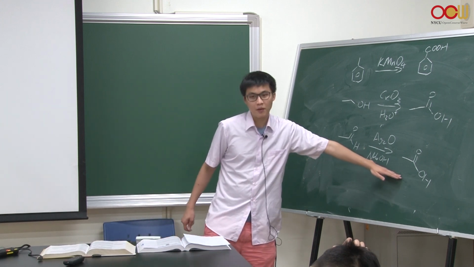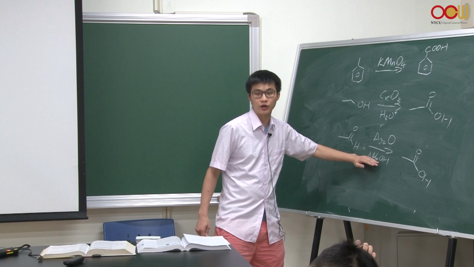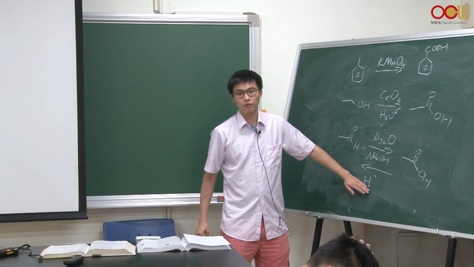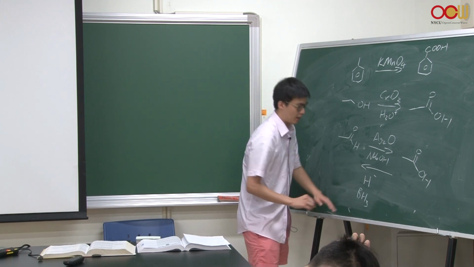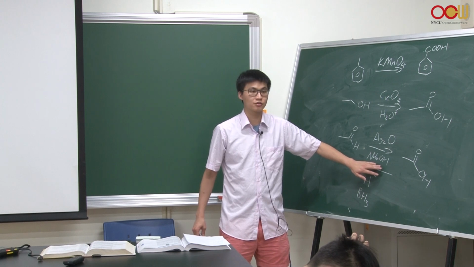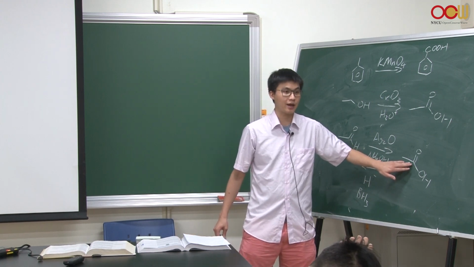You can also go backward. That would be reduction. The reagents here would be various hydrides, but of course there can be borane as well. Basically, you have this extra pair of electrons, right? That makes it nucleophilic so that it can attack this carbon.